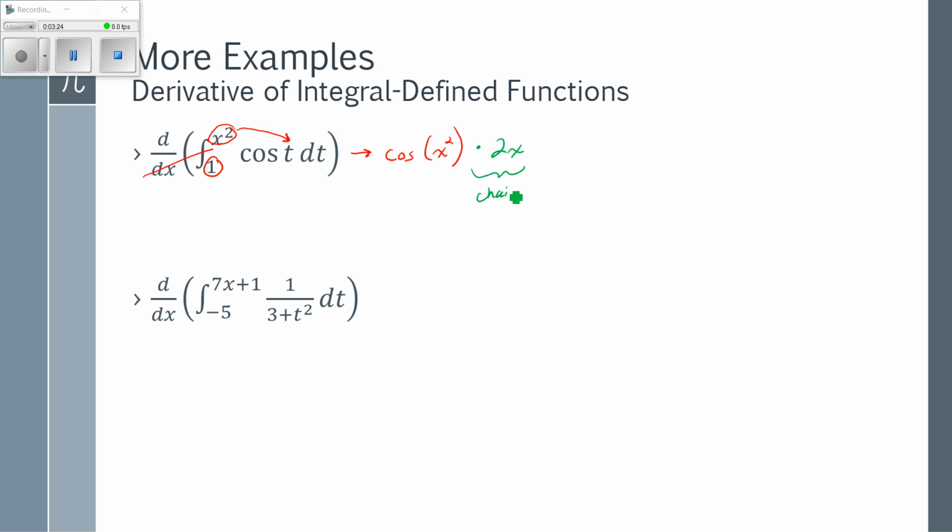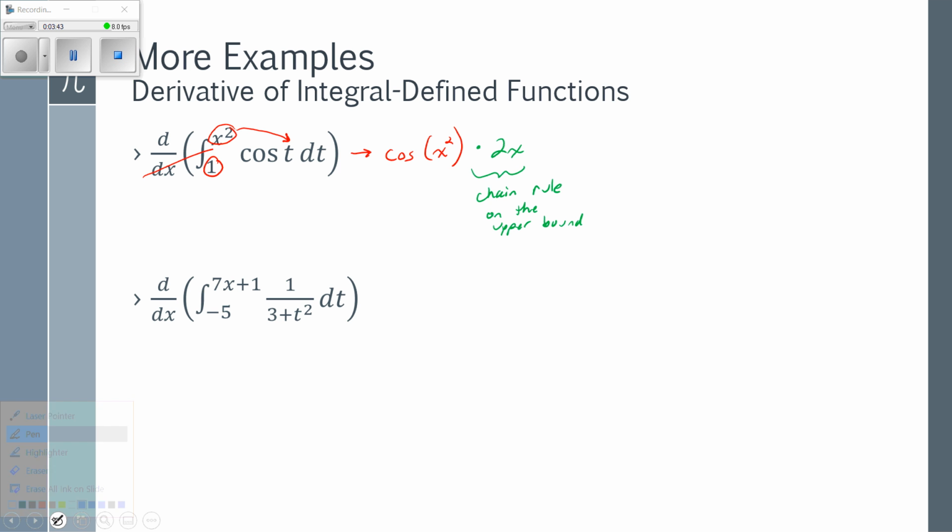So this is the chain rule on the upper bound, because the integral defined function is a function, x squared is a function inside of that. So composition is involved and the chain rule is needed.